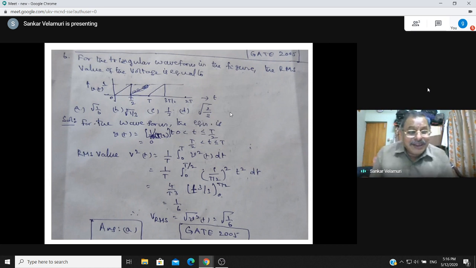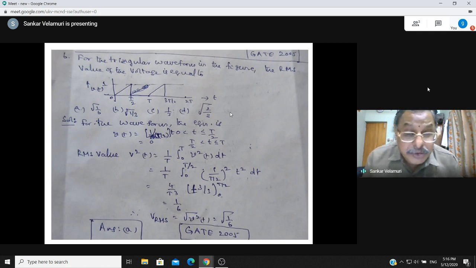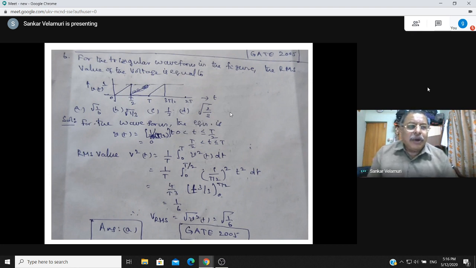So anybody, even EEE and EC students, or allied branches, can attend. Those who have studied circuit theory and have GATE questions with circuits as one of the subjects can attend. Need not be from EEE alone. I hope there are students from other engineering branches also. It is interdisciplinary in nature, this particular subject.